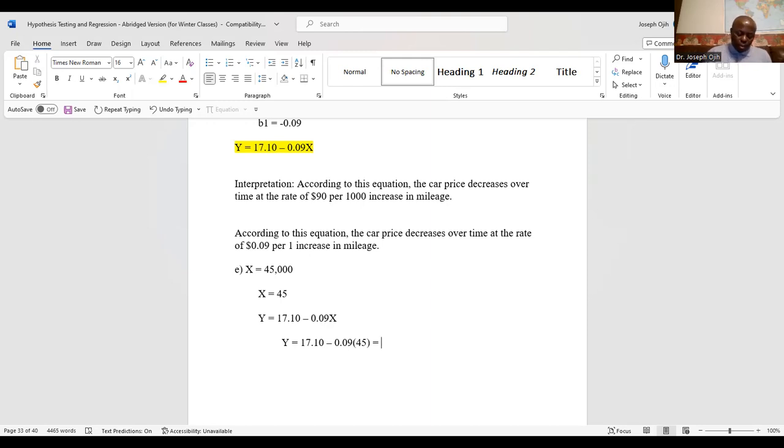So I'm going to write this down here. Y equals 17.10 minus 0.09 times 45. I'm going to take you to the calculator so we can figure this out.